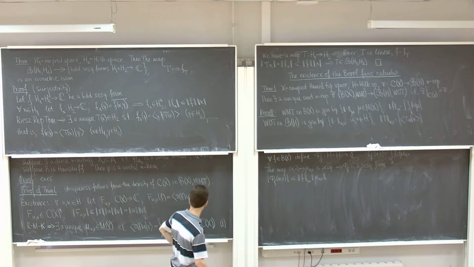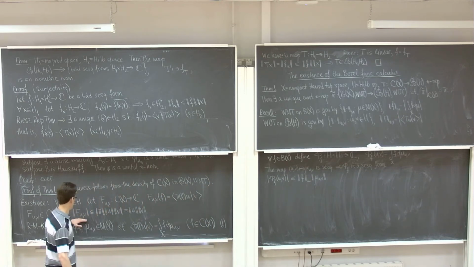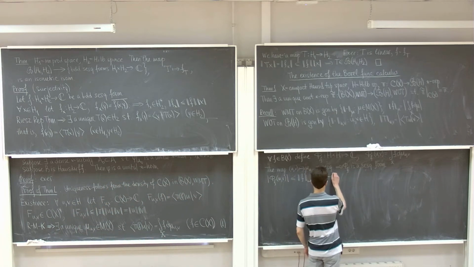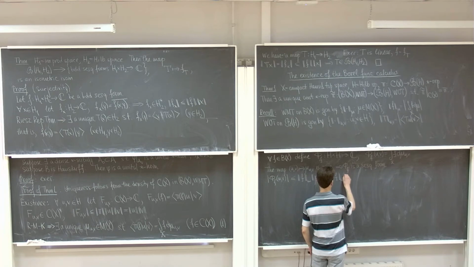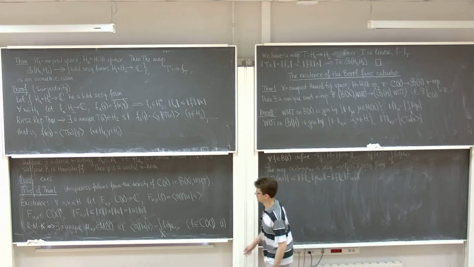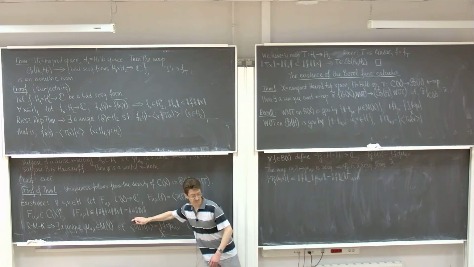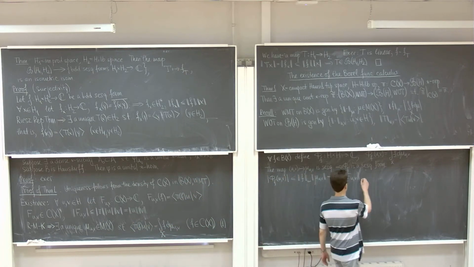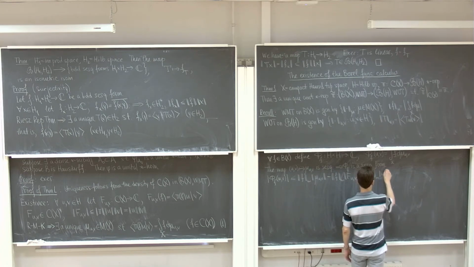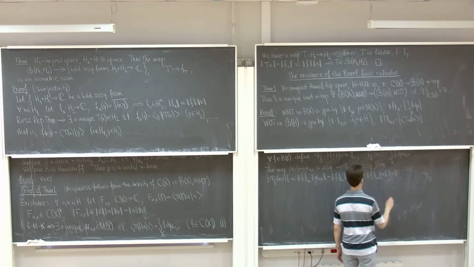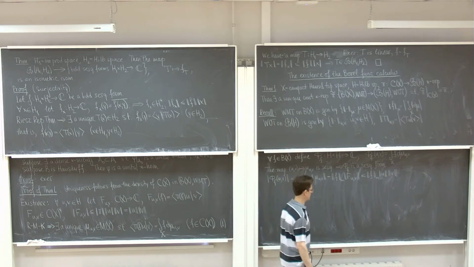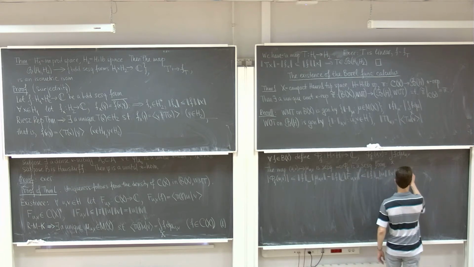Now, the norm of this measure equals the norm of big F. And the norm of big F is already estimated here. So this is less than or equal to the norm of little f times the norm of u and the norm of v. Okay, and so this shows that phi_f is bounded.